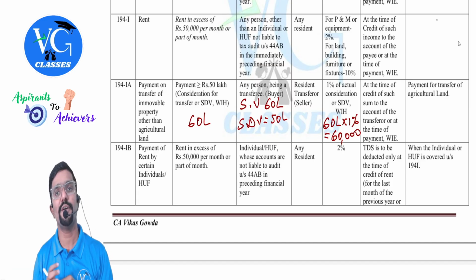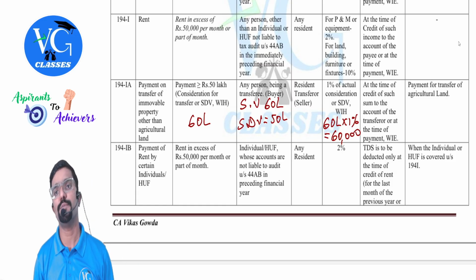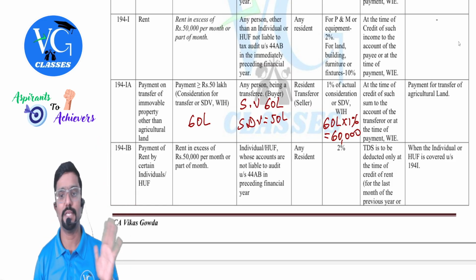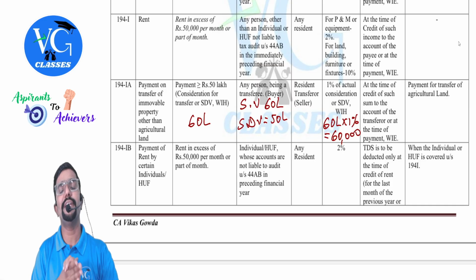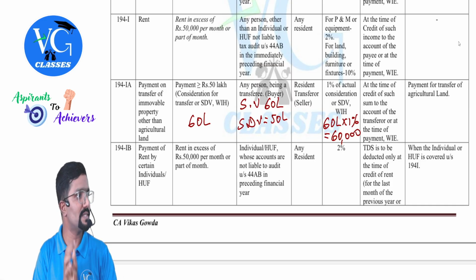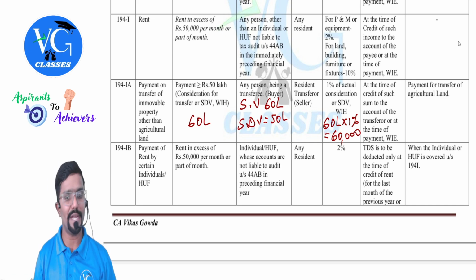Clear? Even from seller point of view, what would be the full value of sale consideration? 60 lakh itself, because the sale value is more than stamp duty value. Got it? When TDS has to be deducted, guys, at the time of credit or at the time of payment, whichever is earlier. If it is an agriculture land which is sold, no TDS.